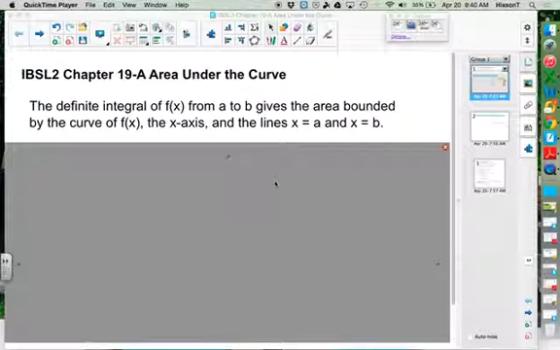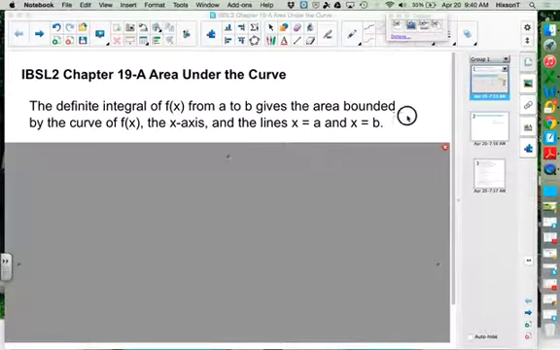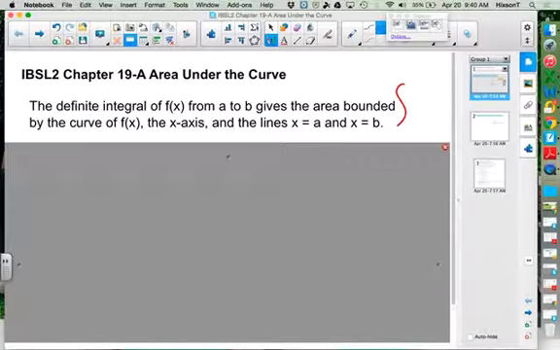First of all, notice the definite integral of f of x from a to b gives the area bounded by the curve of f of x, the x-axis, and the lines x equals a and x equals b. So we're finding this integral from a to b of our function. That's going to give us the area.